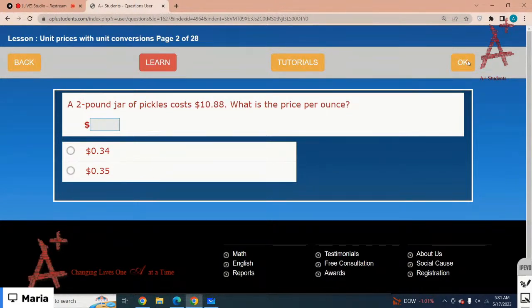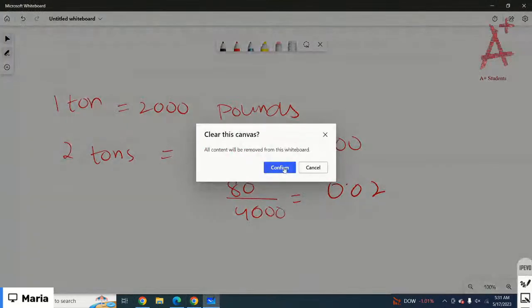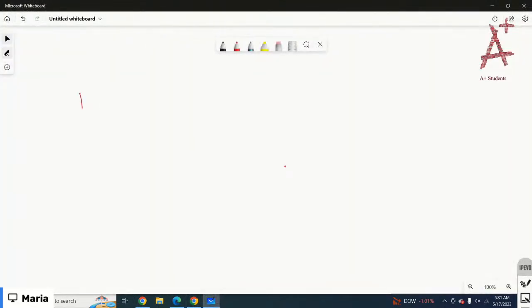Okay, the next one is a 2-pound jar of pickles that costs $10.88. What is the price per ounce? You have to convert from pounds to ounces. 1 pound equals 2 ounces. Got it?